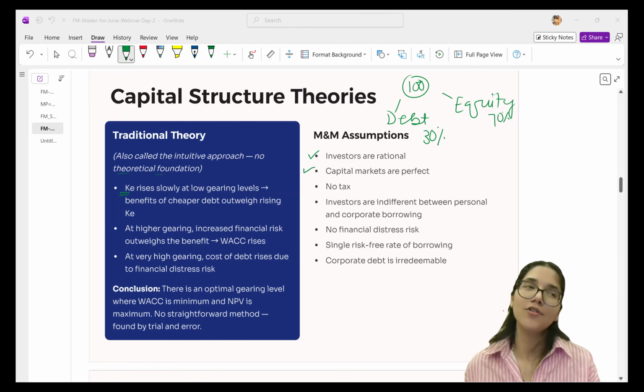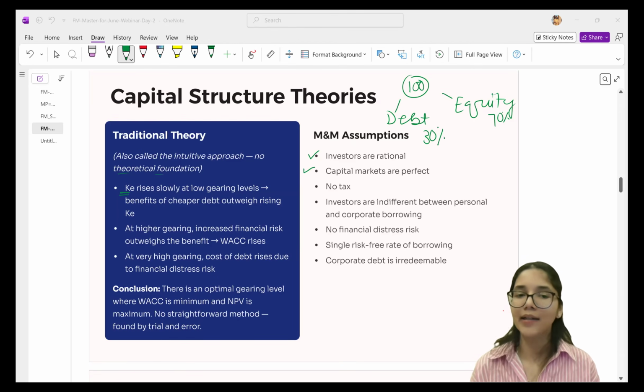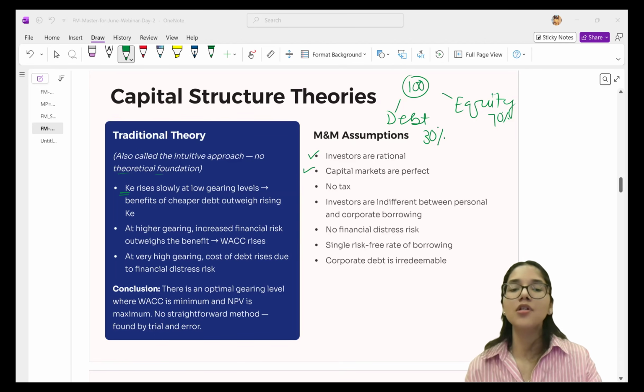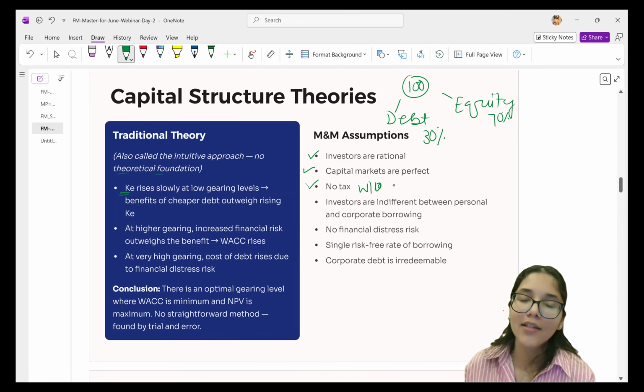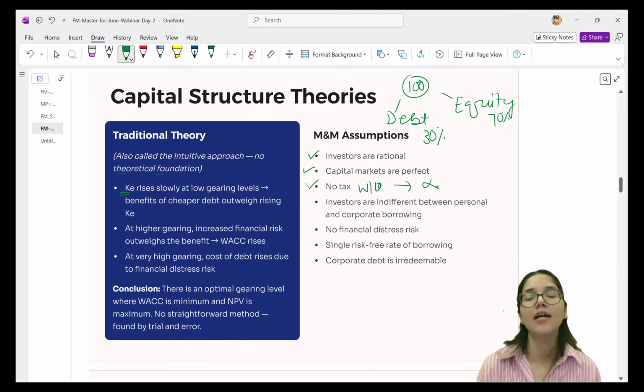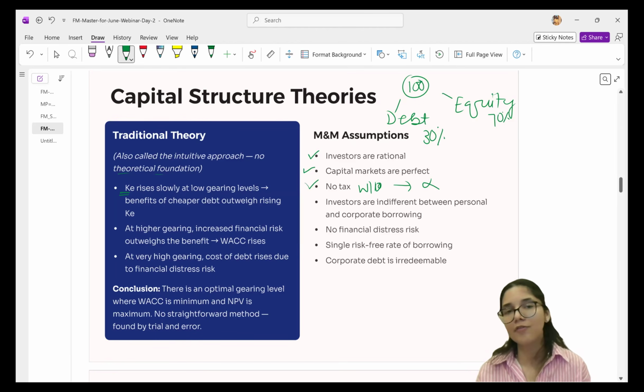And weak markets also, we don't usually see in the practical world. So capital markets are perfect, this is another assumption. The third assumption is that there are no taxes. This is only applicable for the without tax theory. In the second theory, we are relaxing this particular assumption. We will go ahead with the normal situation that taxes are applicable in the economy.